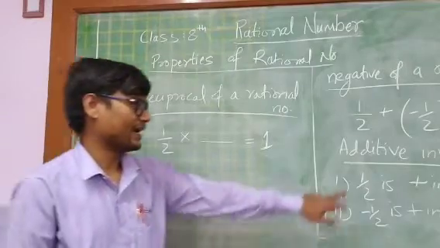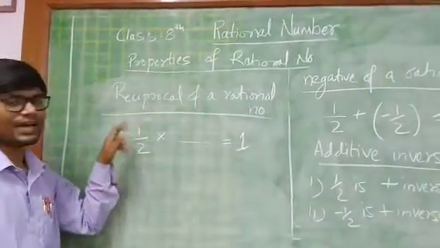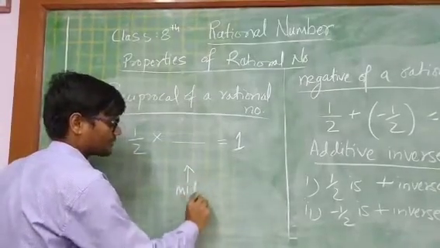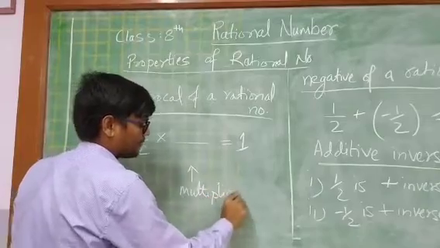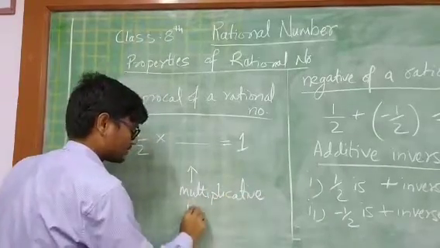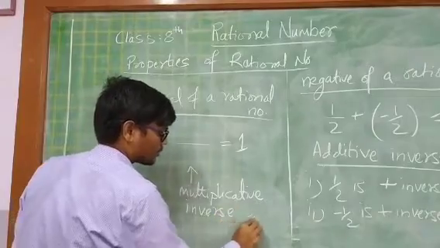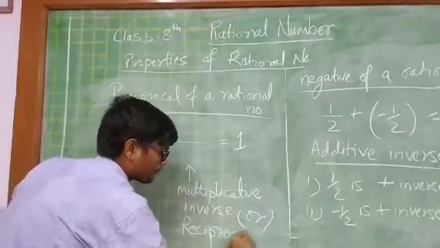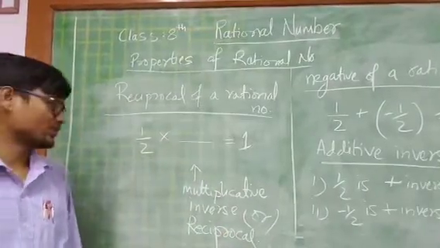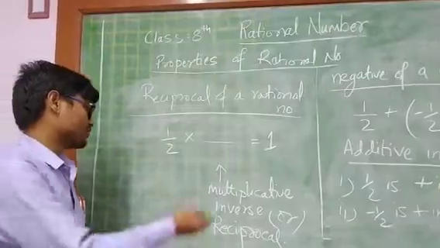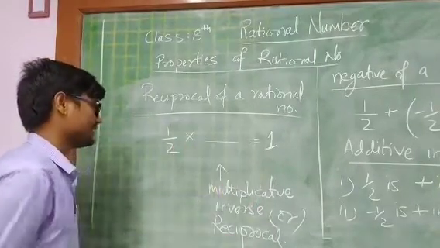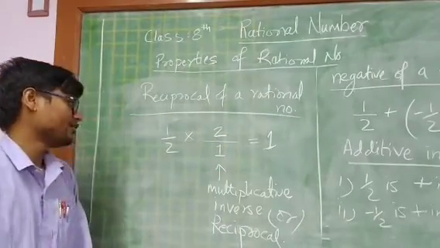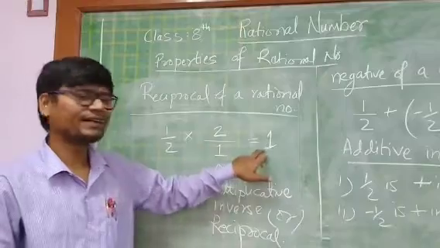Here we had the additive inverse. In multiplication we have the multiplicative inverse. This number is called the multiplicative inverse or reciprocal of that given rational number. When we solve this expression, we see that the number here is 2 by 1. When we multiply 1 by 2 with 2 by 1, we get 1.